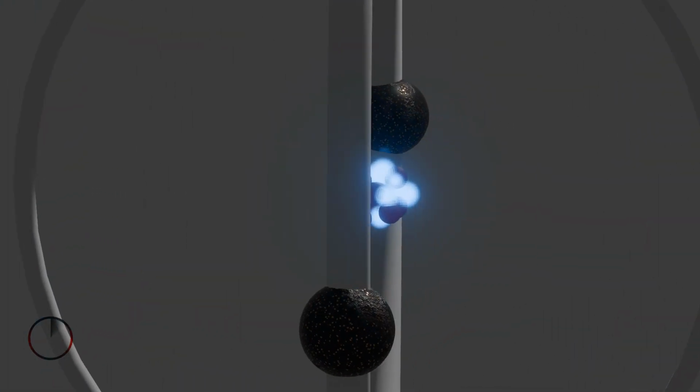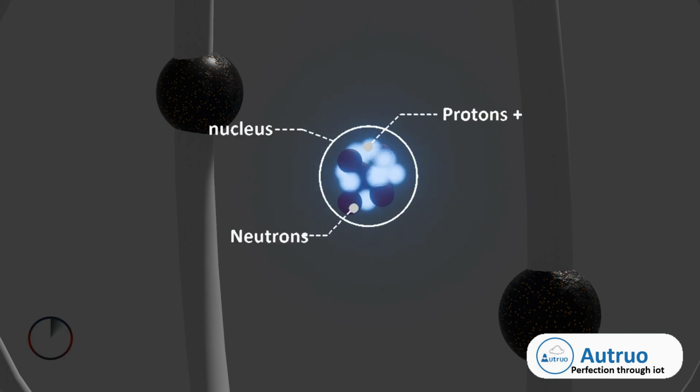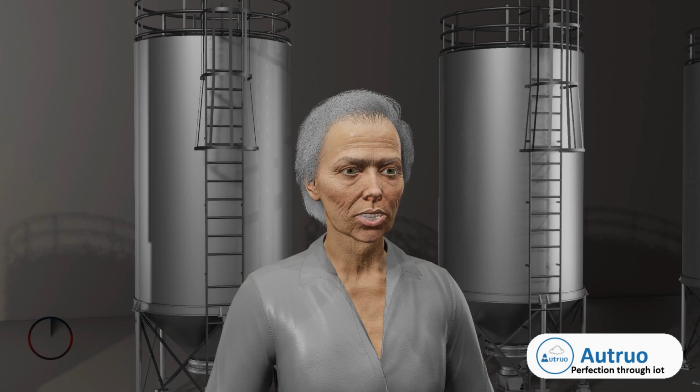This nucleus consists of electrically positive protons and neutrons, which are electrically neutral. Those protons and neutrons are held in the nucleus by the strongest of known fundamental forces, as measured by humans.